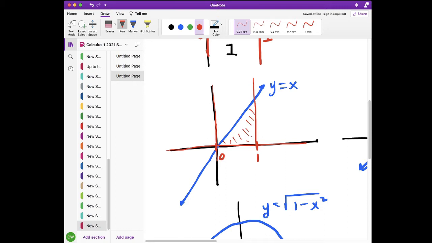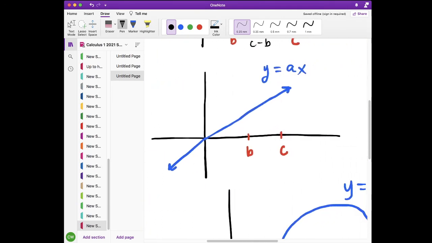But x can be anything though, right? Yeah, so maybe if it was from 0 to a, that would be a over 2. The area of a triangle is base times height divided by 2. So that's 1 times 1 divided by 2, which is 1/2.